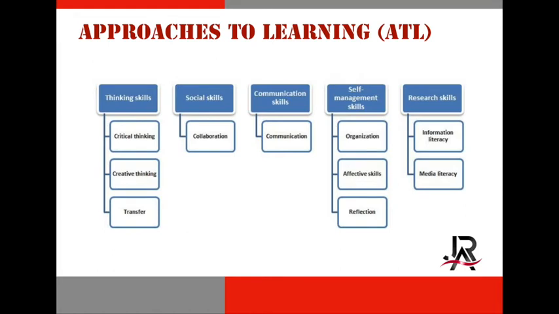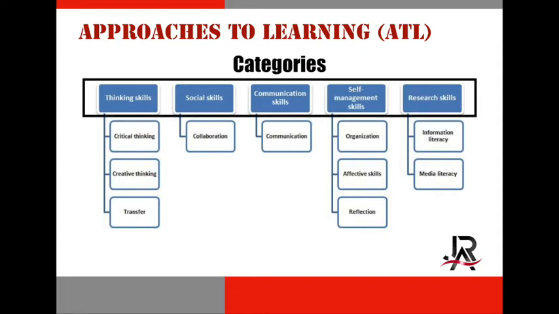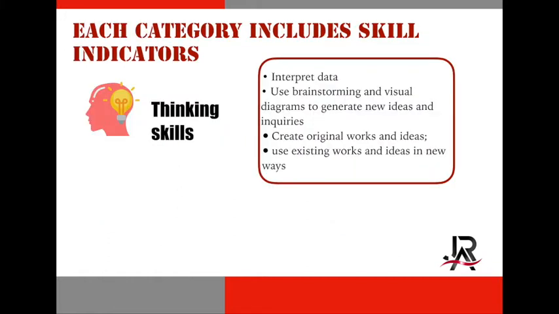In MYP documents, ATL skills are organized in 5 different categories: thinking, social, communication, self-management, and research skills. Each category has one or several clusters. In your subject documents, each category also includes indicators.